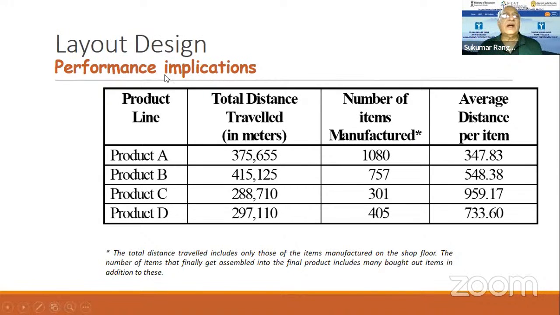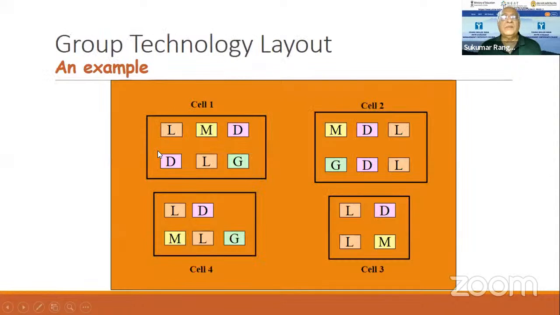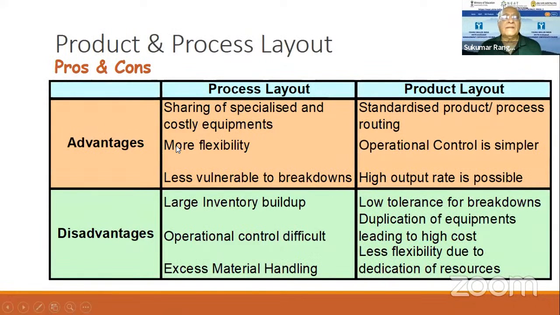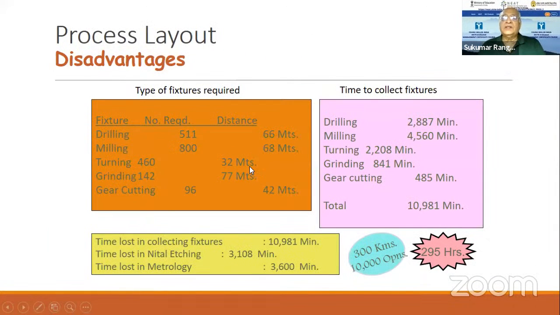So layout design performance implications we have seen. Of course, this is in the previous thing. Oh, sorry, we missed that. This is the one which we are talking about. So the calculations are based on the kind of time involved, as I said.